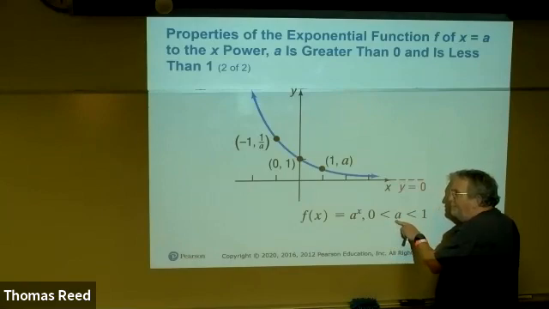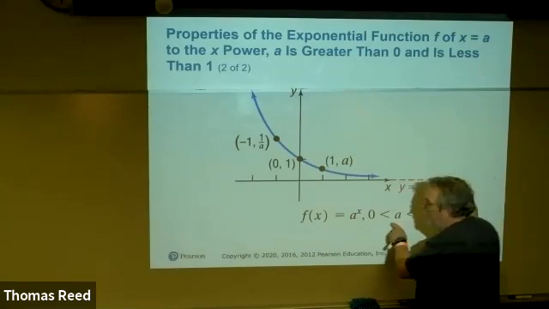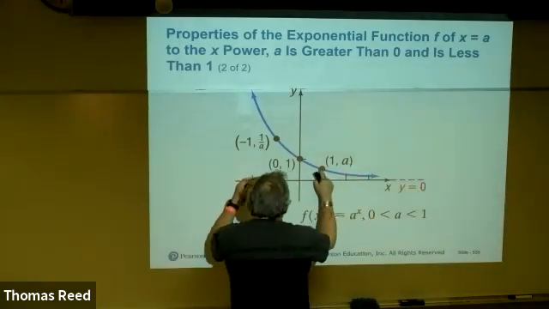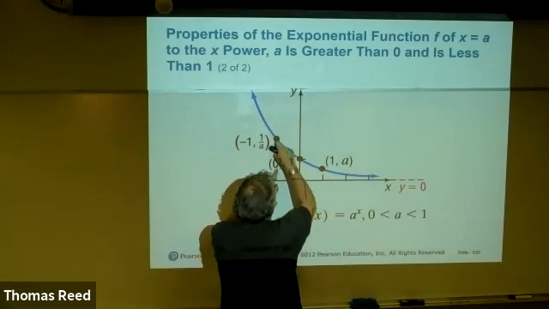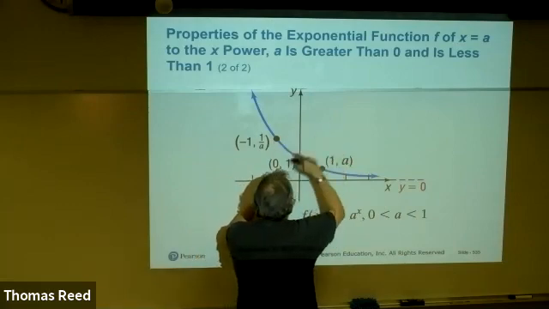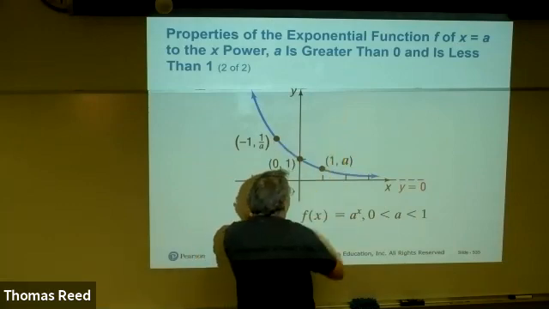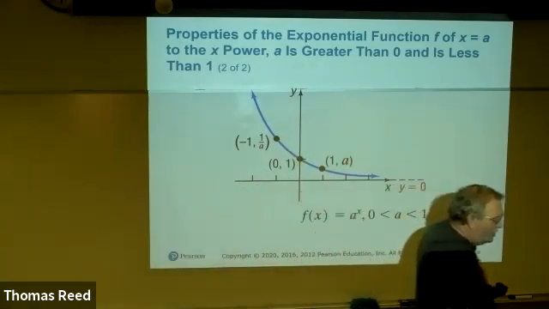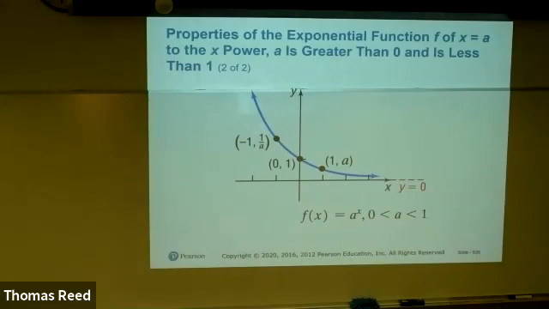If you have the reciprocal of a, then they're going to be reflected across the y-axis, where this point would be over here, and this point would be over here, and so it would go up like that, and it'd be symmetric across this. So they have reciprocals of each other, and they also have inverses of each other.